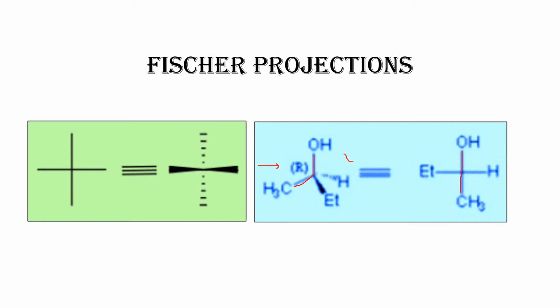The view is always on the side where the wedge and the dash line are; the solid line will be on the opposite side. So if you view like this, the wedge line you have to write on the left-hand side, and the dash line will be on the right side.